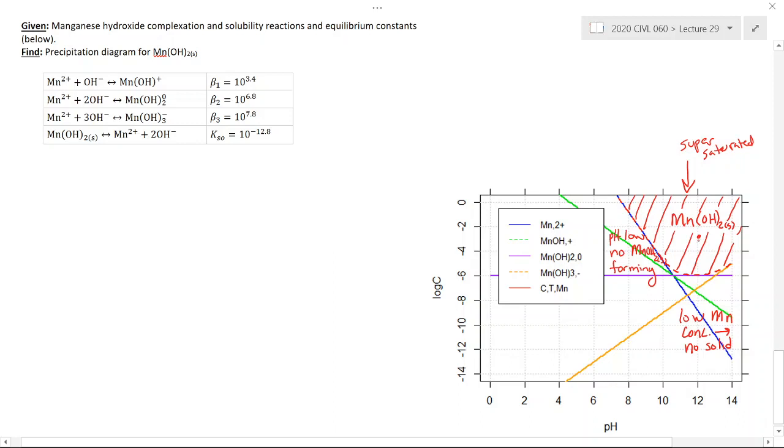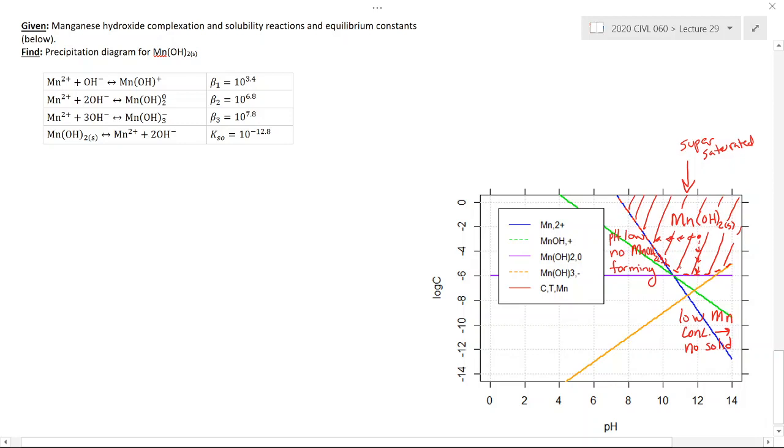As the solution goes to equilibrium, it's going to go towards the line. We don't know exactly how it's going to travel, but it's going to travel over to the equilibrium line, which is the CT value. If the pH stays constant, it'll just go straight down. Otherwise, it could go over in a different pathway.